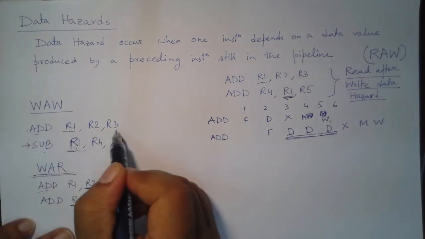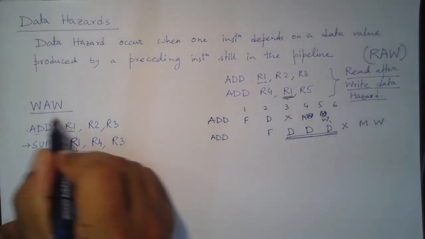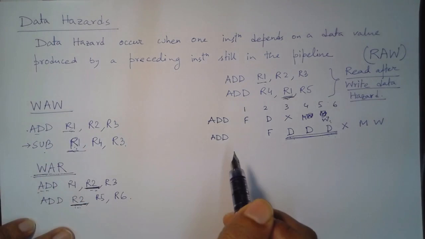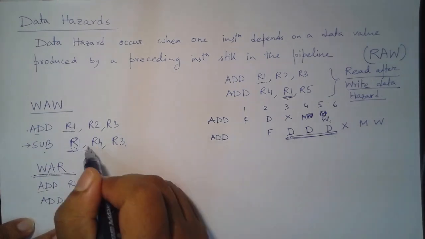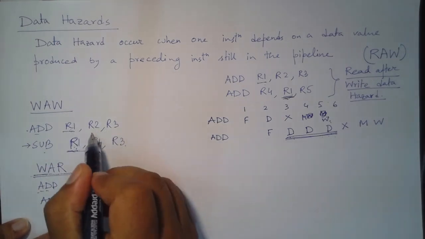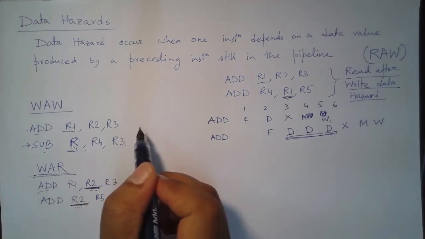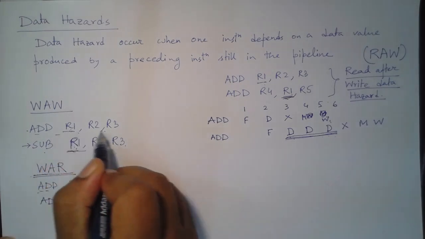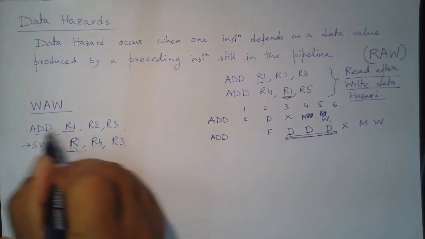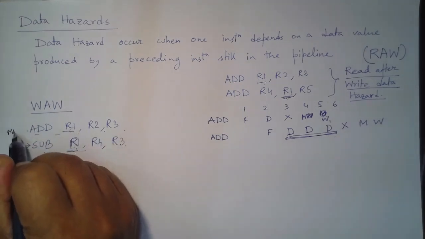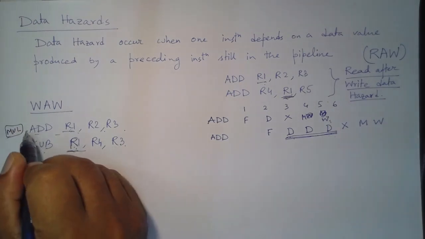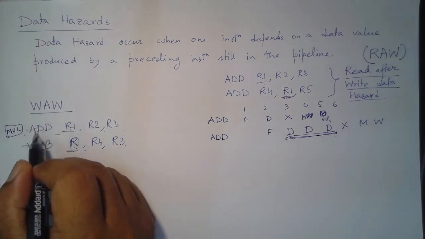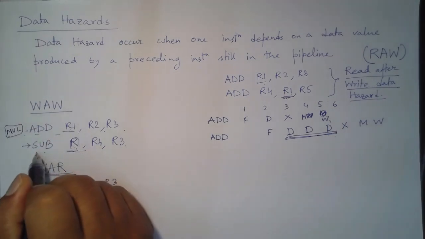The other kind of hazard is write after write. Two instructions write the same register, and this can be a bigger issue when different instructions take different amounts of time. For example, let us say one of the instructions is a multiply, though it has been issued earlier. This will take, let us say, 4 times more execution time compared to a subtract or add instruction.